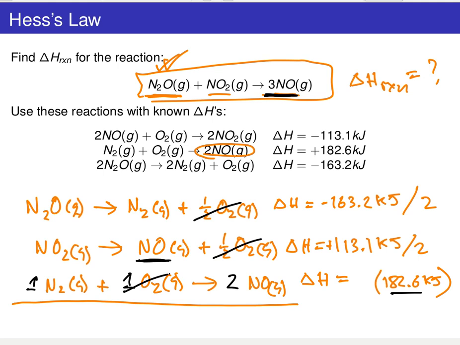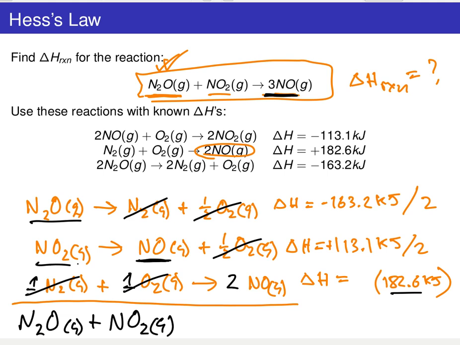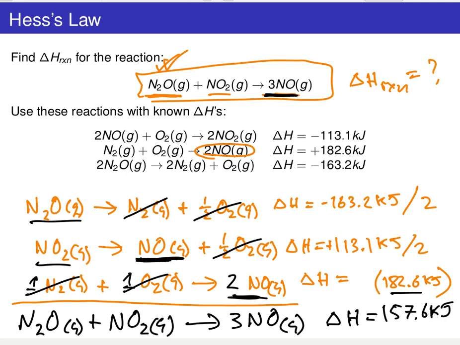And similarly with the N2, cancel out the N2, add both of these reactions together, and we will have N2O gas, this guy, plus NO2 gas, this guy, forming a total of 3 moles of NO gas, and our corresponding delta H of reaction.